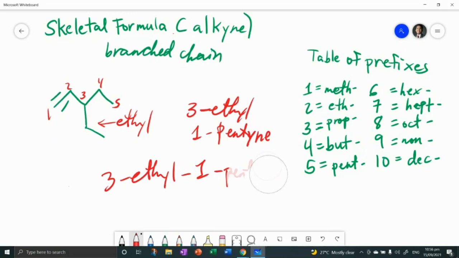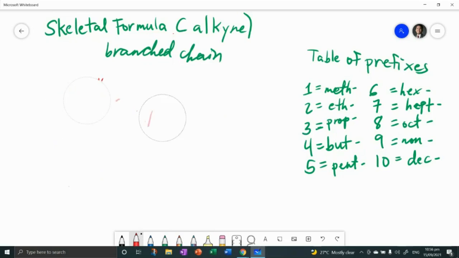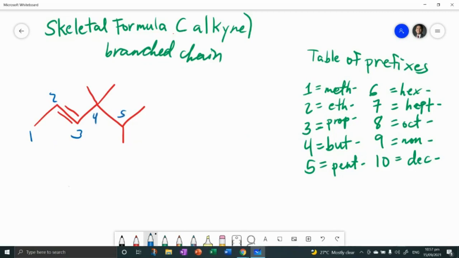Then the last two, since I will only show three examples. So in terms of naming, we prioritize the carbon closest to the triple bond. So I will write this up. 1, 2, 3, 4, 5, and then 6. And we see here, since it is 6 carbons, 3-hexyne.